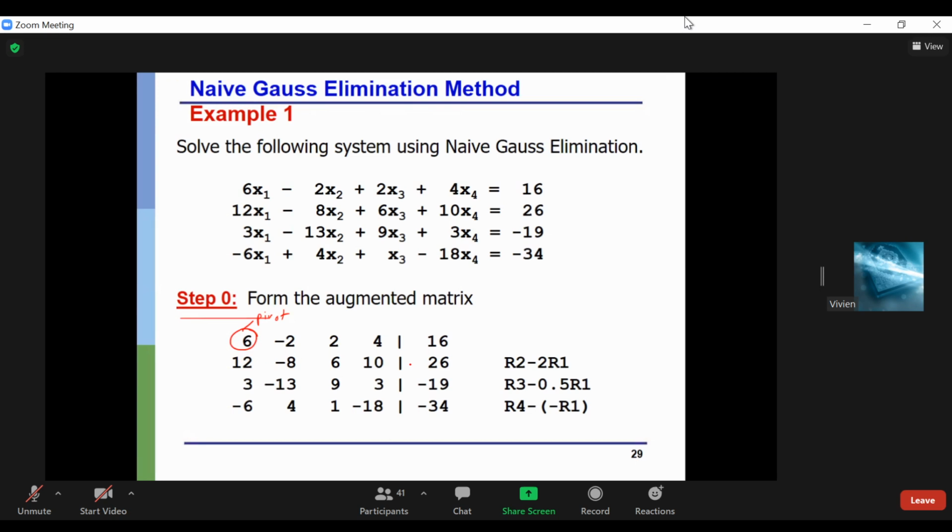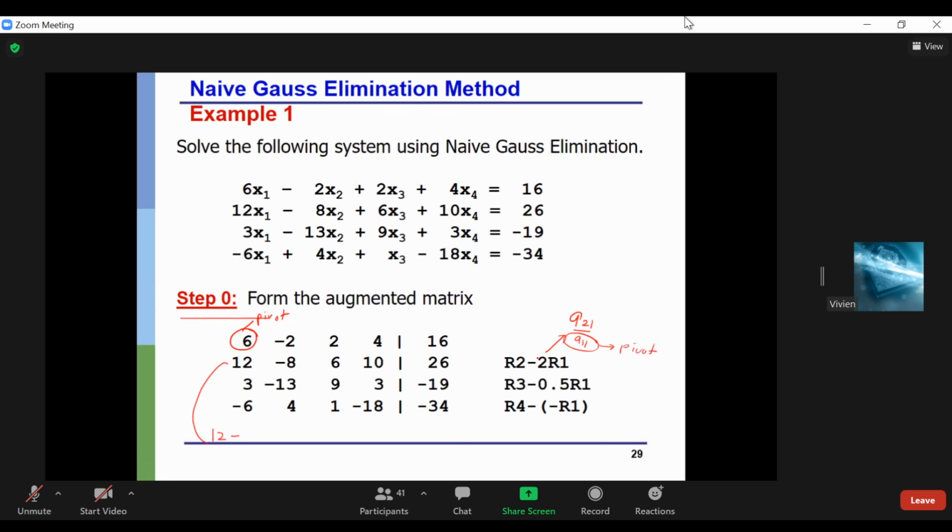So that means we have 12 here. So that will be 12 minus 2, in which this 2 value is actually from A21 divided by the pivot A11. So the value below the pivot divided by the pivot value.